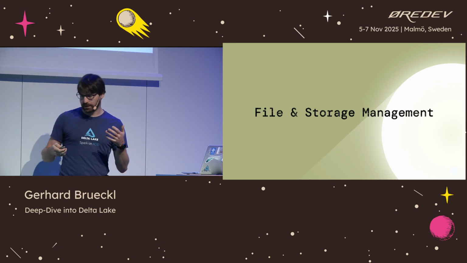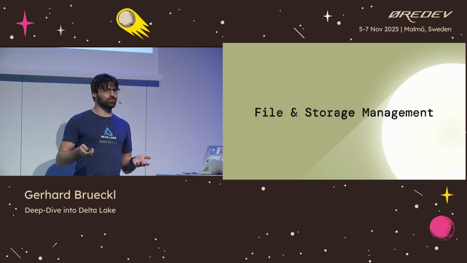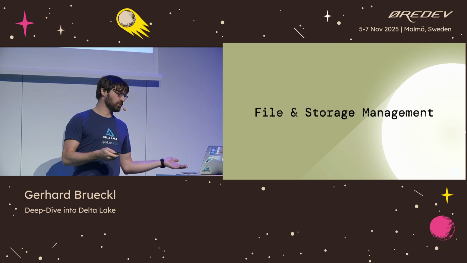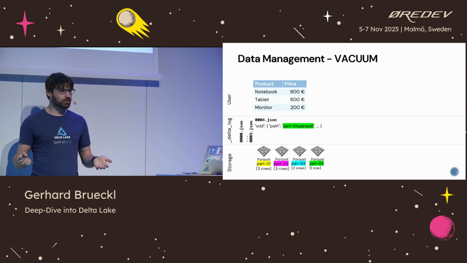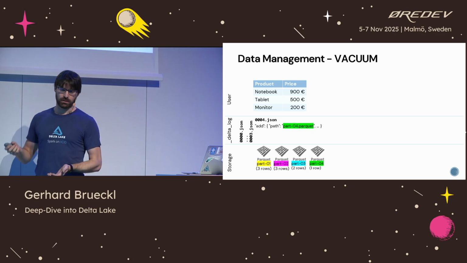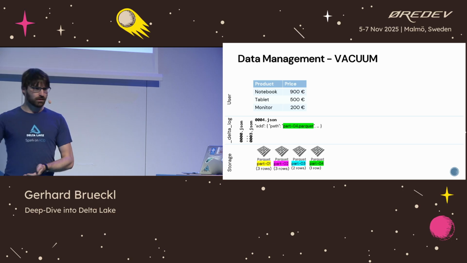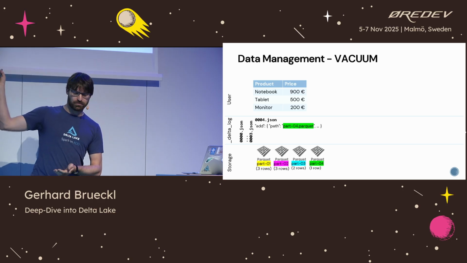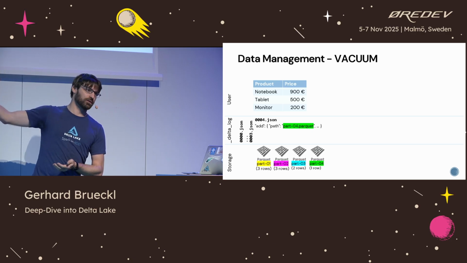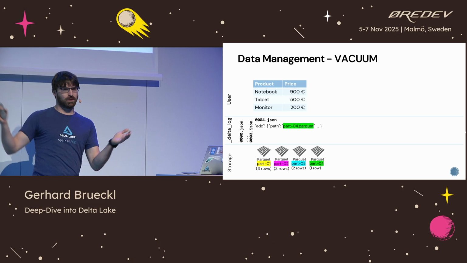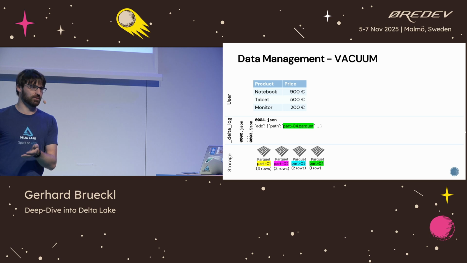Now that we've seen that Delta Lake can be really storage intense, there are obviously some commands that you can use in order to do file and storage management. The most important command is vacuum. Continuing from the example before, if you look at the storage at the bottom, for our table that contains 3 rows, we are physically storing 9 rows, 3 times the amount of data that we would need to represent the current state of the table.